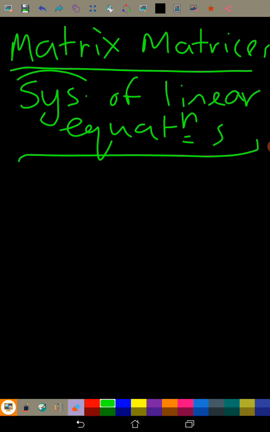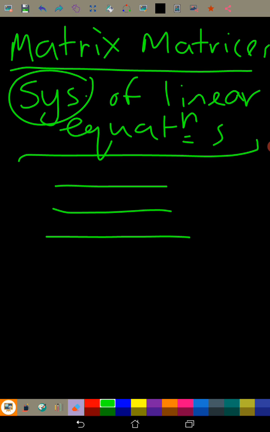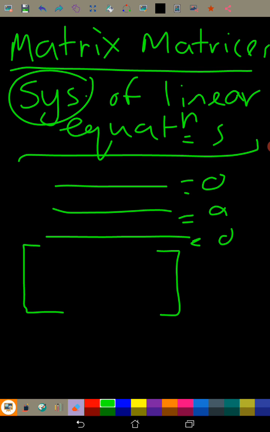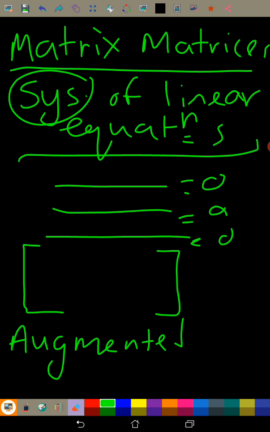And so we know what a system is, meaning that the equations are arranged in a certain way, equal to something, not 0. And we know what an augmented matrix is.